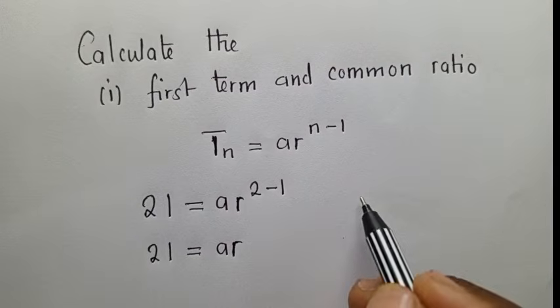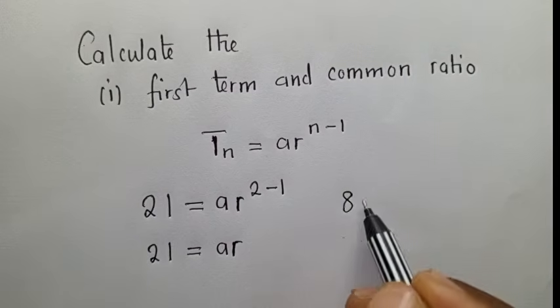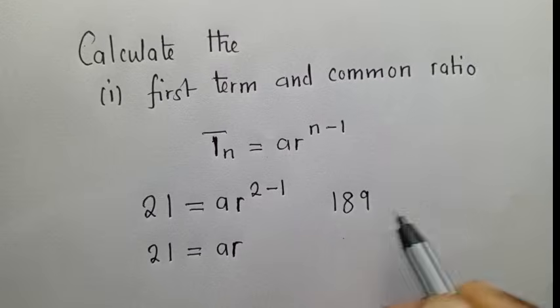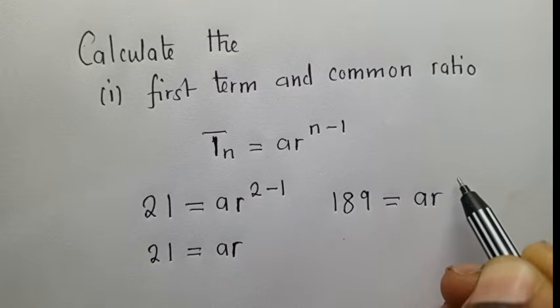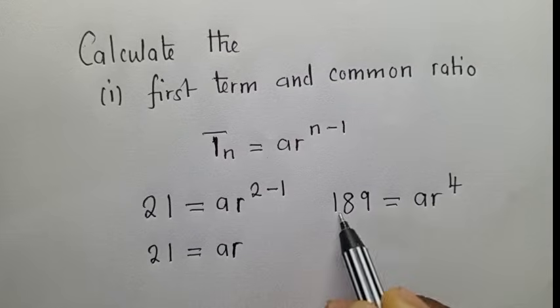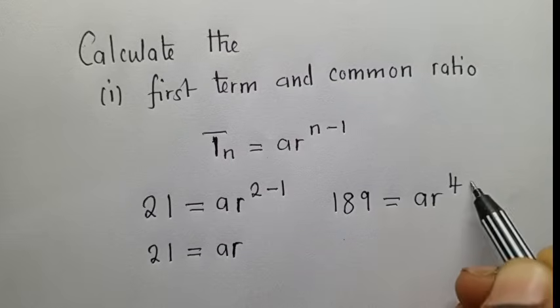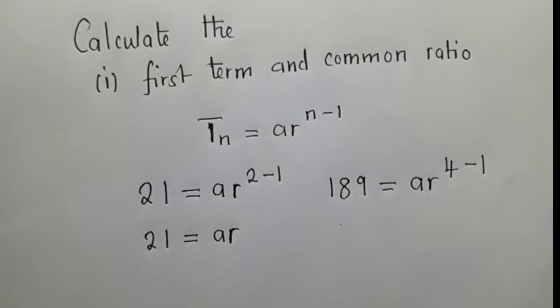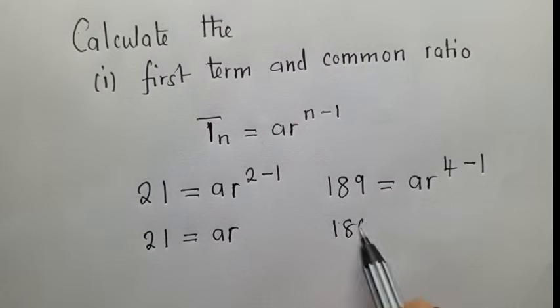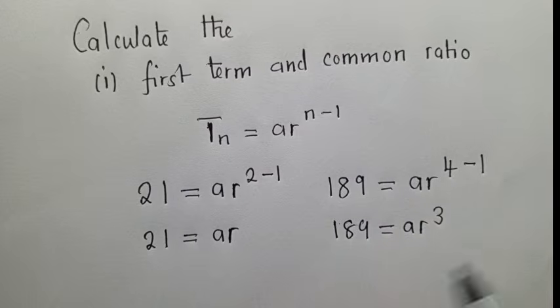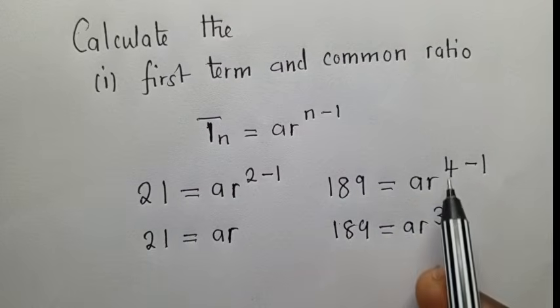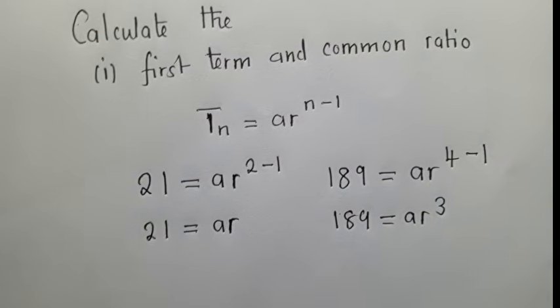The second equation: 189 equals AR power 4 minus 1, since this is the fourth term. Simplifying, we get AR power 3, because 4 minus 1 is 3.